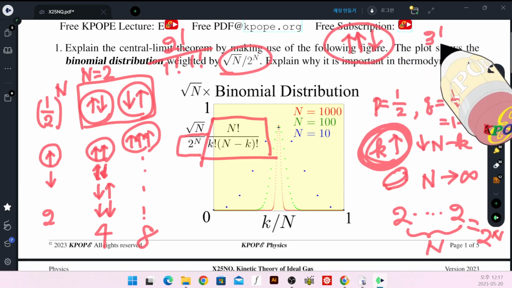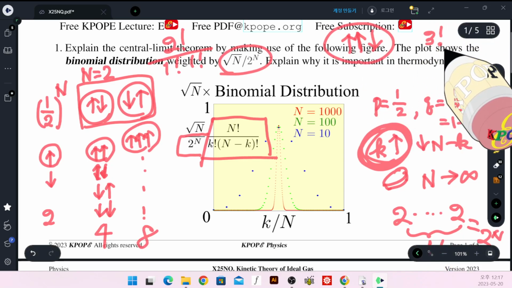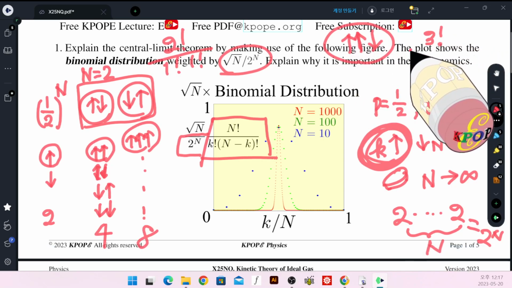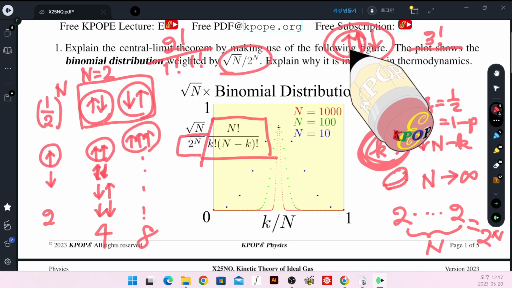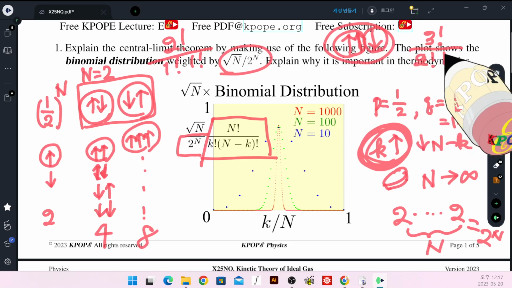I have thrown the coin 3 times. So we have 3 factorial, and we have 2 identical ups and a single down.